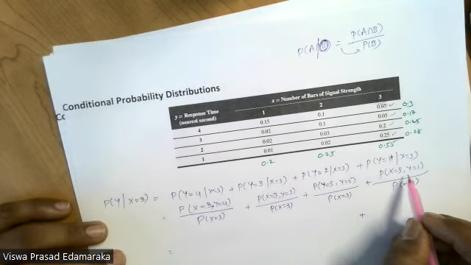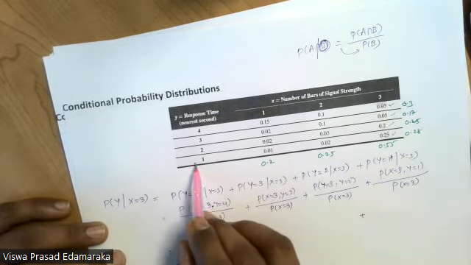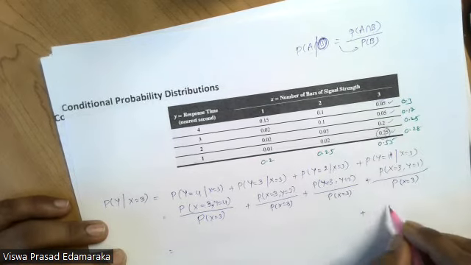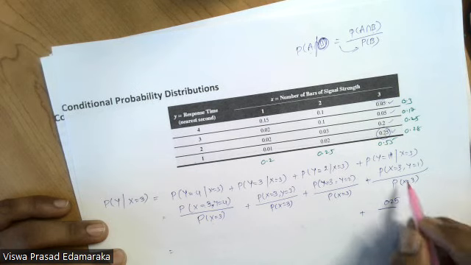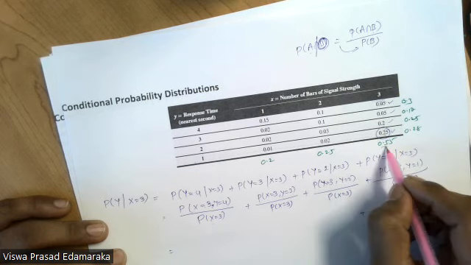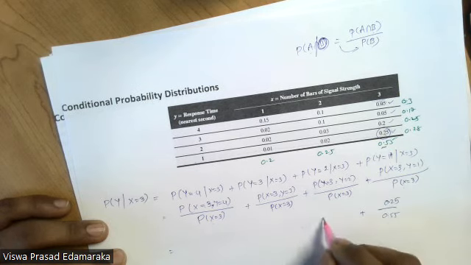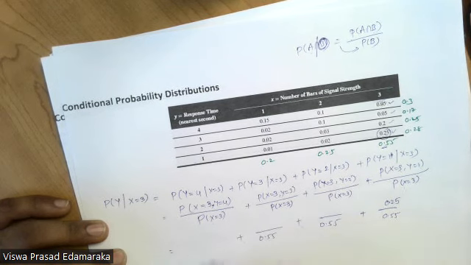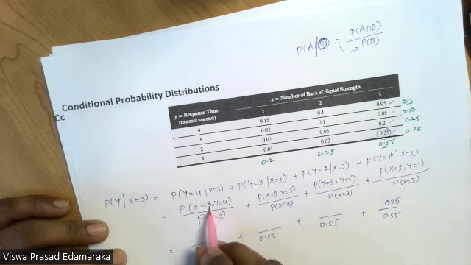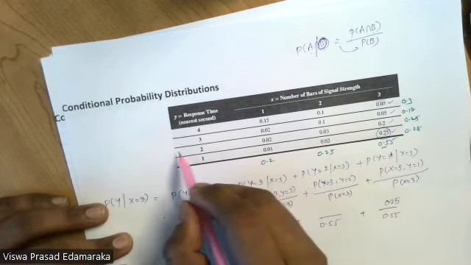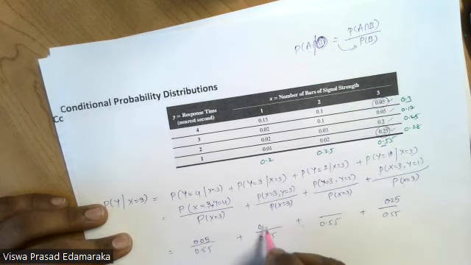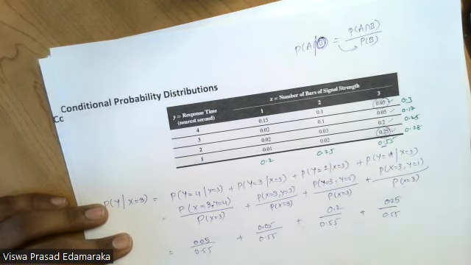So P of y equals 1, this value and 3 value, this is 0.25 divided by P of x equals 3. I know that it is 0.55, so the denominator is 0.55 for everything. And x value is 3 and y value is 4, this is 0.05, this is 0.05 and 0.2.